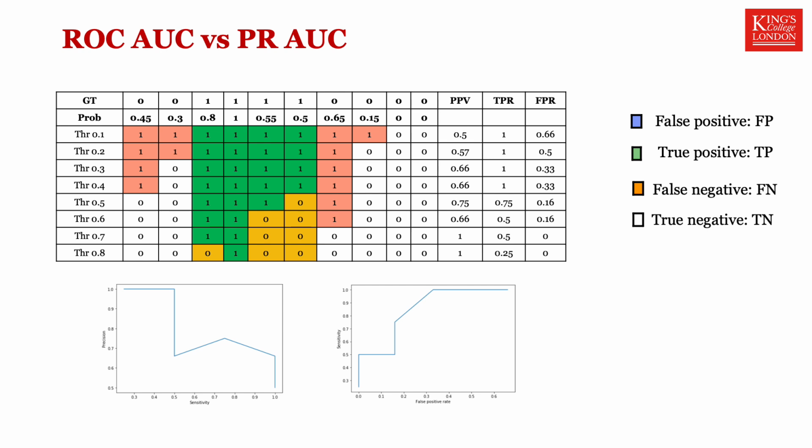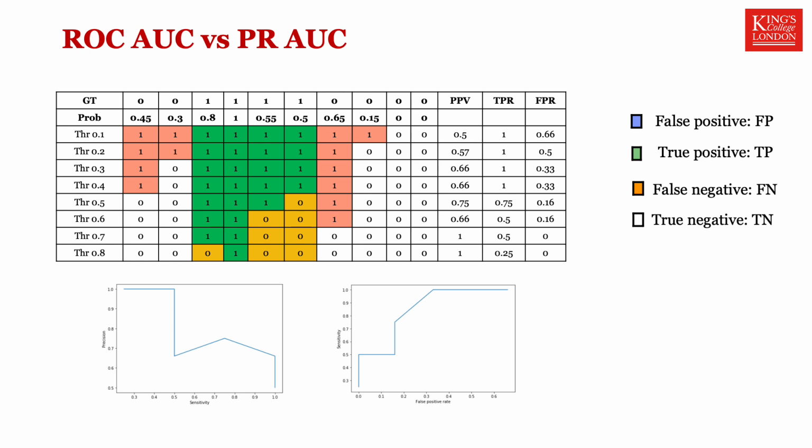The precision recall curve is basically plotting the precision as a function of recall, while the receiver operating characteristic curve is plotting the sensitivity on the y-axis and the false positive rate, or 1 minus the specificity, on the x-axis. And to compare different measures, you would calculate the area under the curve of each of them.